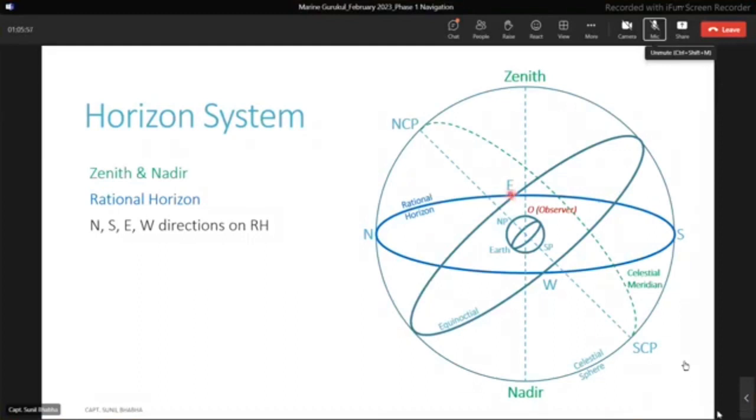So the east point is on the other side of the celestial sphere, which is behind the screen you are looking at, and the westerly point is towards the screen, or towards you. When you are looking at the screen, the westerly part of the celestial sphere is towards you. So that's how this diagram is made. So we have these 4 reference points on the celestial sphere.